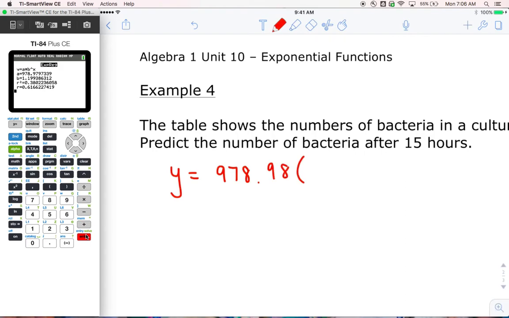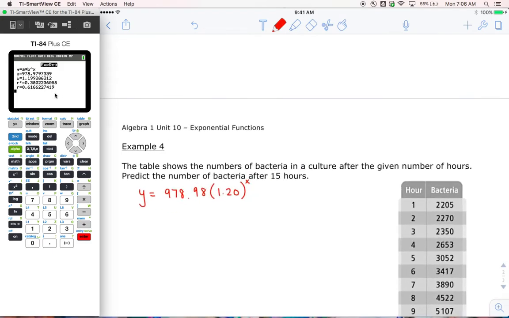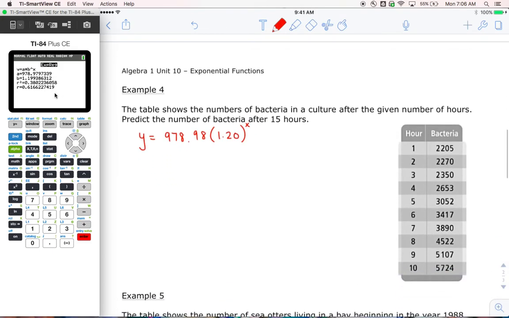And then B goes in these parentheses, and B is 1.199, so I'm going to say 1.20 to the power of x. Now, if you'll notice, this regression is not fantastic, right? It's 0.6, but since today we are assuming that it's exponential, we're going to go ahead and use this one. It's not 1 because this is a scatter plot. It's not a perfect equation.